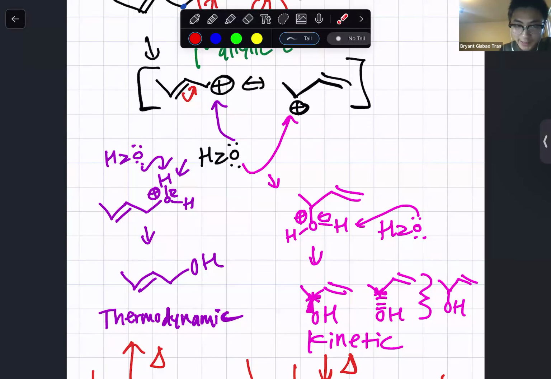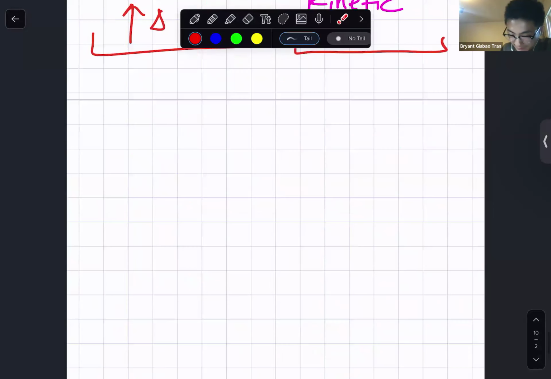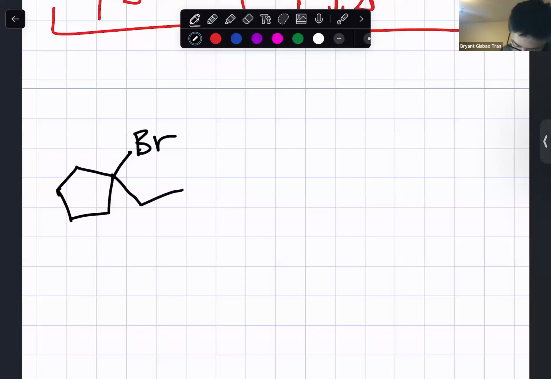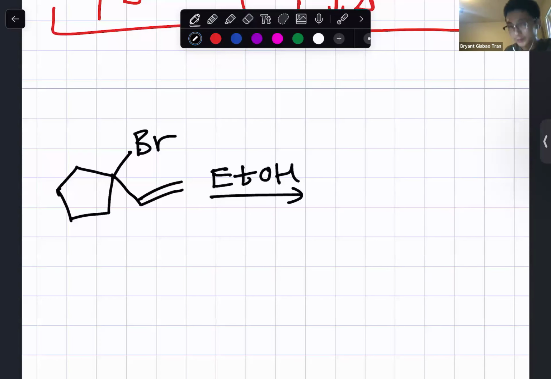Okay, let's try an example problem here. Let's try this and then move on to the next reaction. Okay, take 2 to 3 minutes to try this.